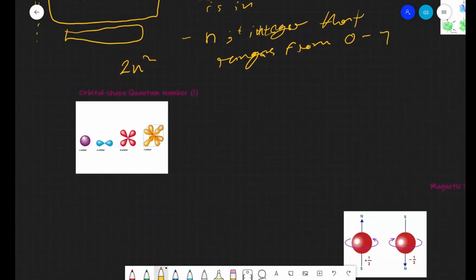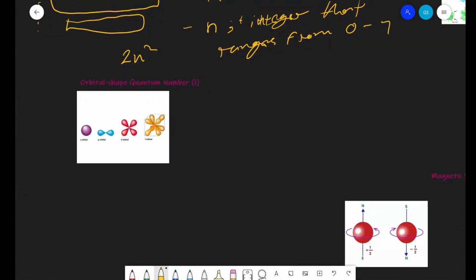The next quantum number is called the orbital shape quantum number. Now, this one is a little bit more interesting. Basically, this defines the shapes of the orbitals within the principal energy level. In other words, it defines the shapes of the subshells within their principal energy level.